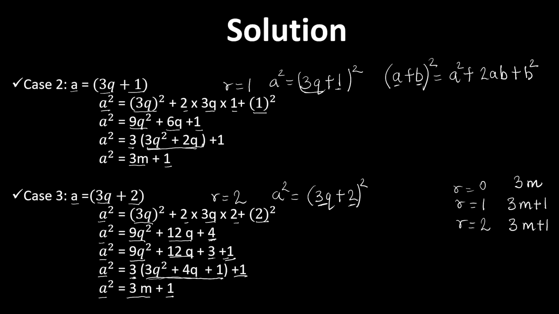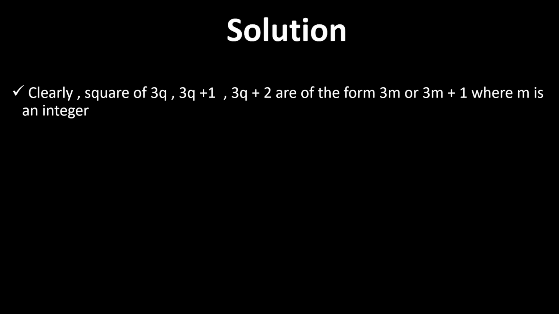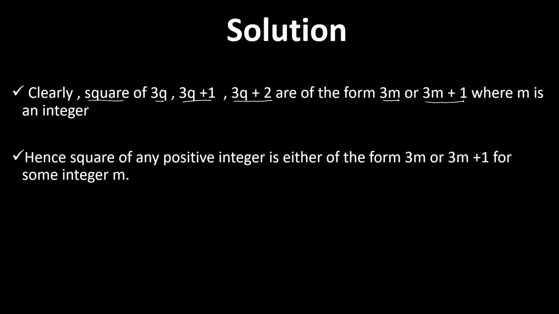So what did we conclude? Clearly, the squares of 3q, 3q plus 1 and 3q plus 2 are of the form 3m or 3m plus 1, where m is an integer. Hence, we can conclude that the square of any positive integer is either of the form 3m or 3m plus 1 for some integer m.